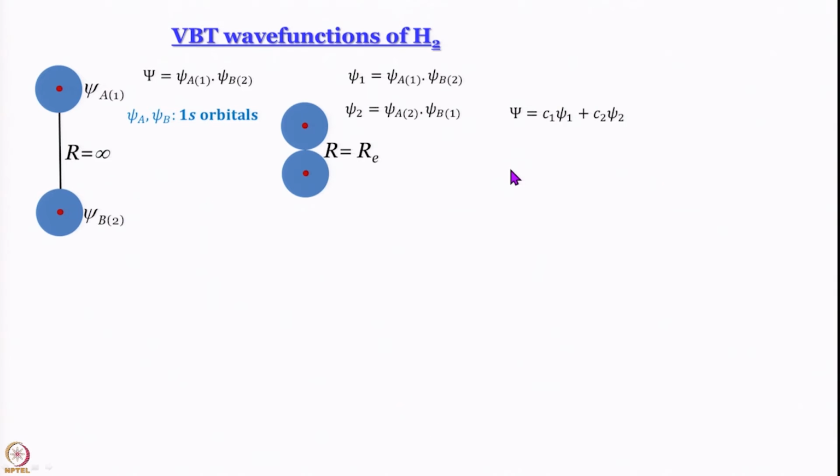Can you think what I expect the ratio of the magnitude of C1 and the magnitude of C2 to be? Please think about it, we are going to come to that eventually. So, this is my wave function to start with. This wave function was proposed by Heitler and London, and so it is called the Heitler-London wave function.